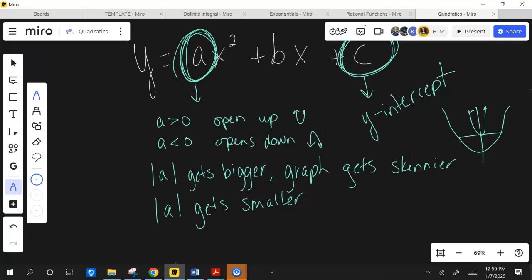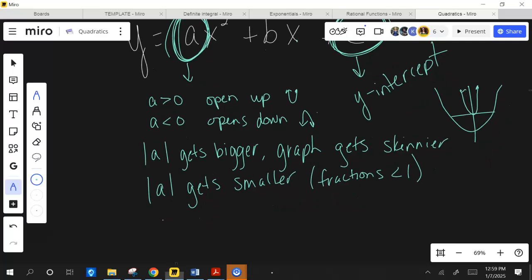I'm looking at really, really small numbers, but not negative. So I'm looking at fractions less than 1. Because what happens when A is 1, that's kind of my average parabola. So as A gets smaller, the graph gets wider.